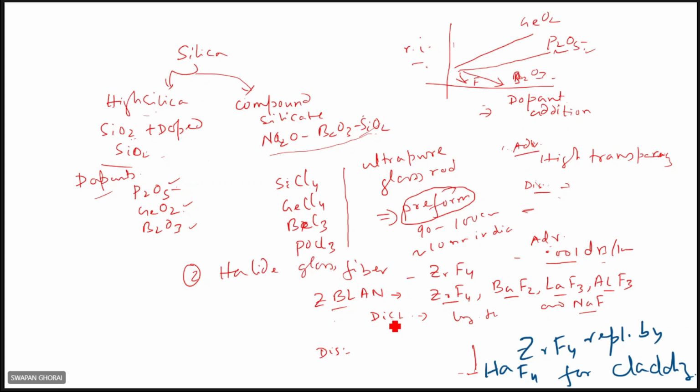I just mentioned that before fiber fabrication, a preform is made. Actually, two types of processes are there. One process is where you make the preforms, and in the other you directly draw the fiber from the molten state. Most of the cases the preform is used.